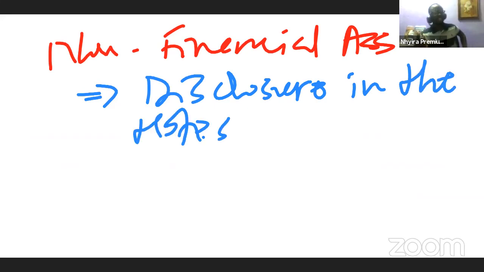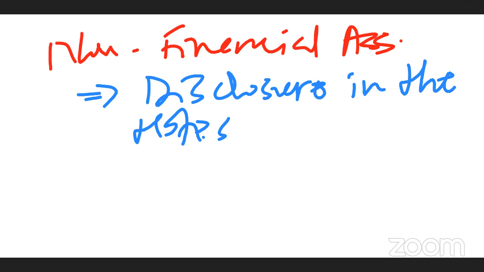Now, what is non-financial assistance? For instance, the government assists us so that the chief in the community will sell us the land, or the government gives us some people from NAPCO to work in our company. It's a form of grant, a non-financial assistance. We need to disclose it in our books.